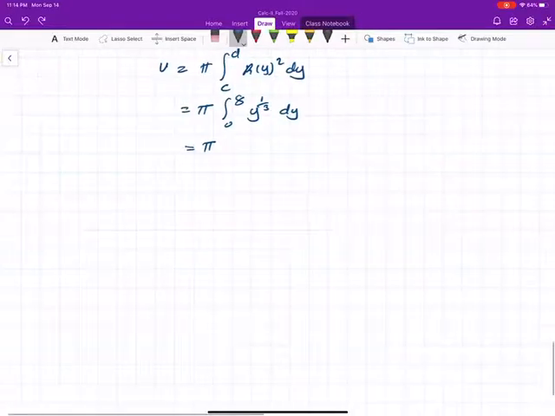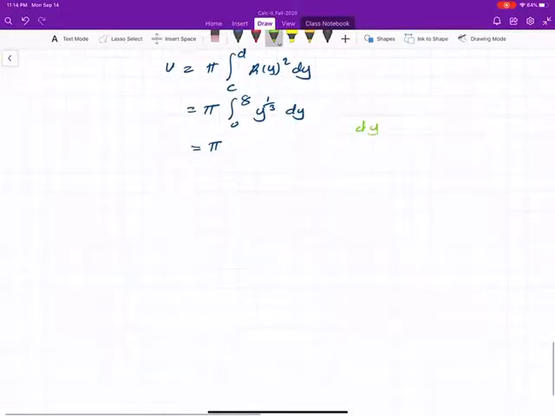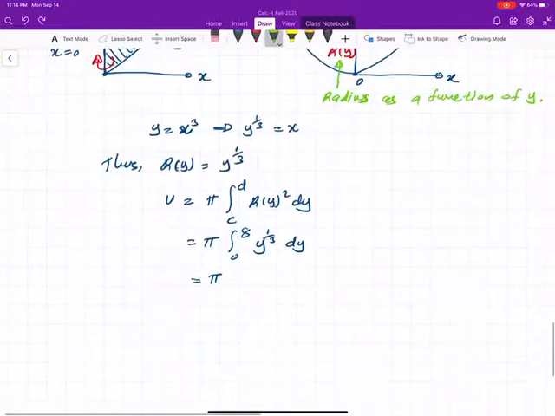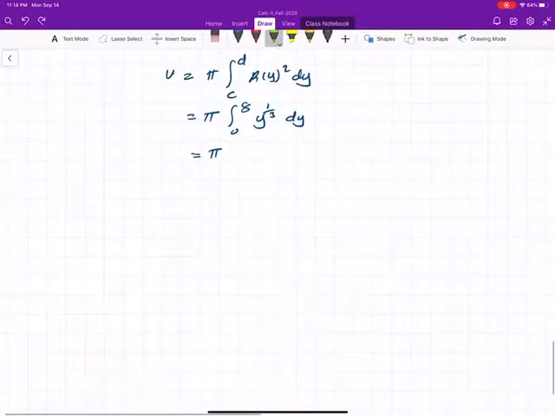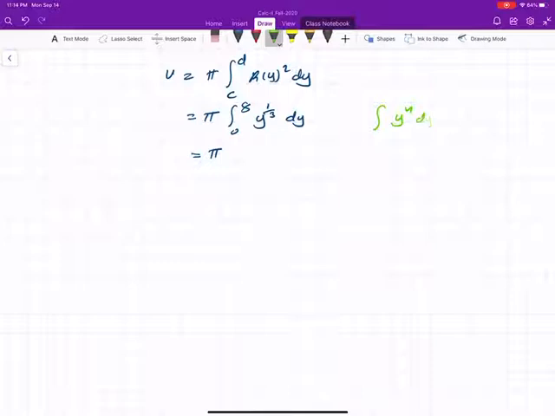If you can remember the power rule for integration, it should be like this: the integral of y to the power n is y to the n plus 1 over n plus 1.